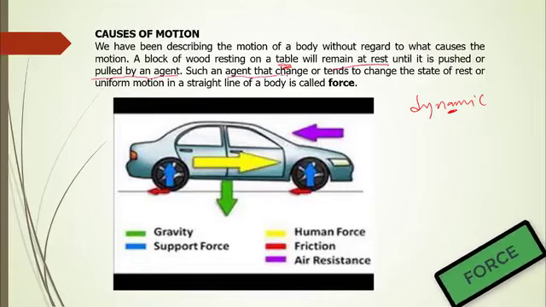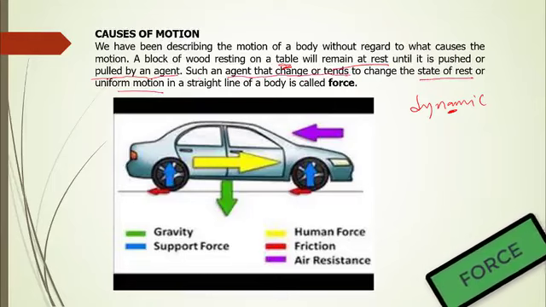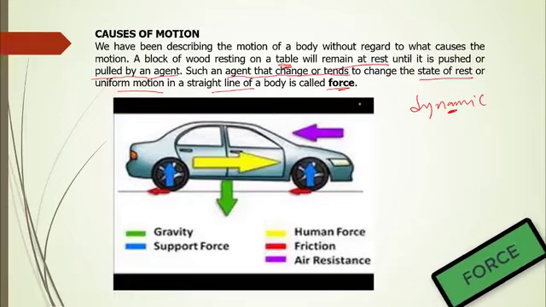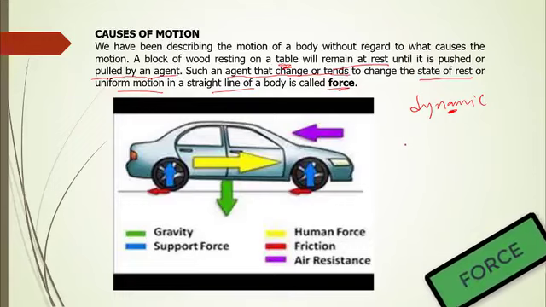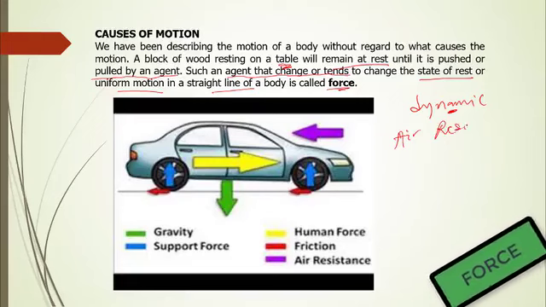So we say that such an agent or change tends to change the state of rest or of uniform motion of that body in a straight line, and that thing is called force. When footballers are playing and someone passes the ball, it will continue to move in a straight line until it is acted upon by an external force. Either an opposition player intercepts the ball and changes its direction, or the ball comes to a stop by itself as a result of what we call air resistance.